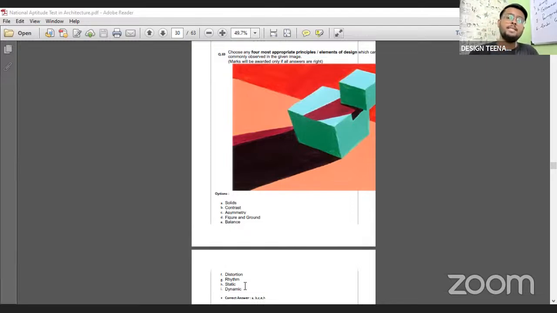Now, when we have identified static, I can tell that balance is there. But we are seeing that solid, contrast, asymmetry are the very simple three things that I am getting. So balance, figure and ground and static, out of which static is very dominant. I can see as a whole, the composition itself shows us it's static, which is a very simple dominant feature. So I will go with static. Clear?